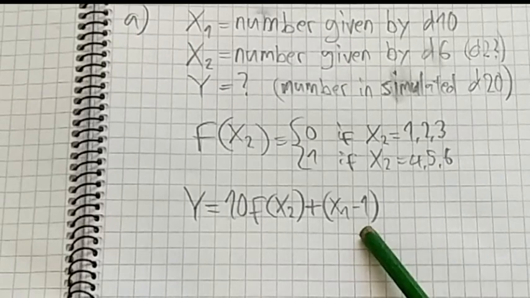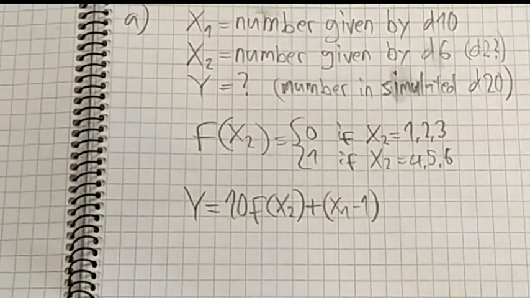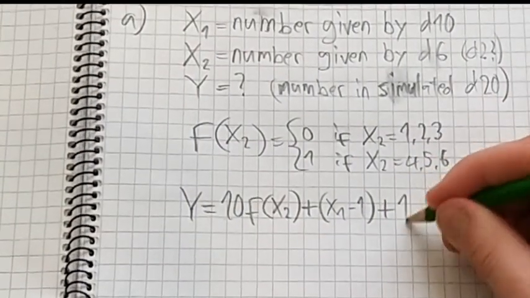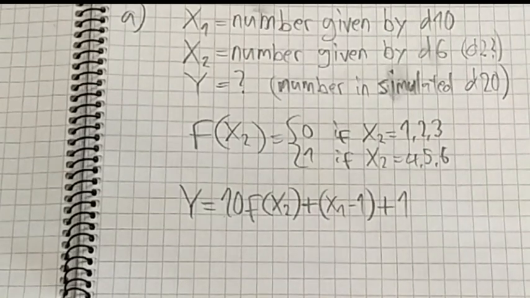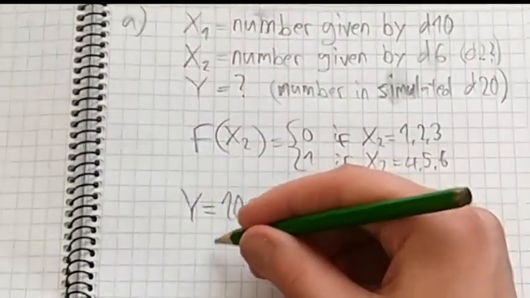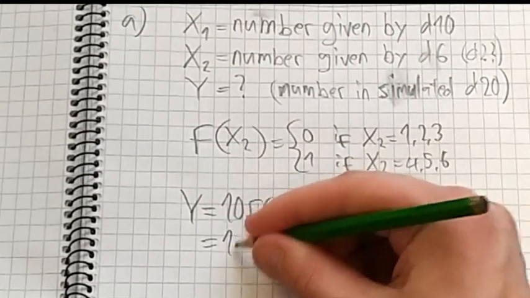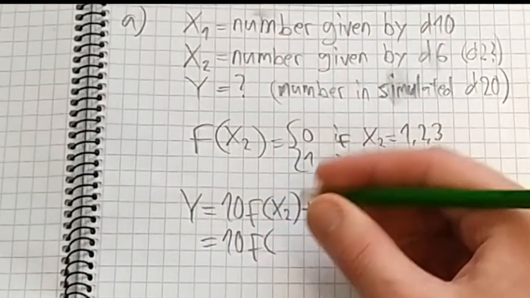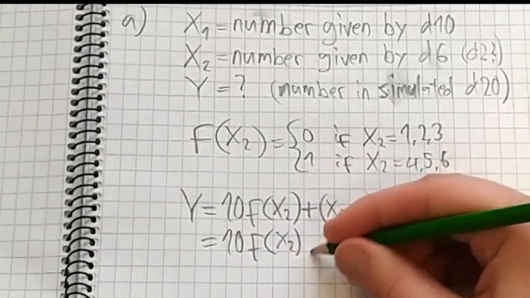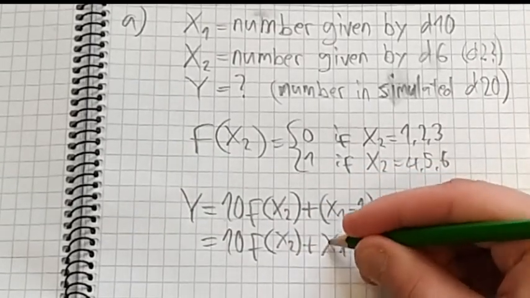We had to take this minus 1 because we wanted a random number between 0 and 9 to make this work, and then we have the plus 1 here. So when we simplify this a little bit, we get just 10 f of x2 plus x1.